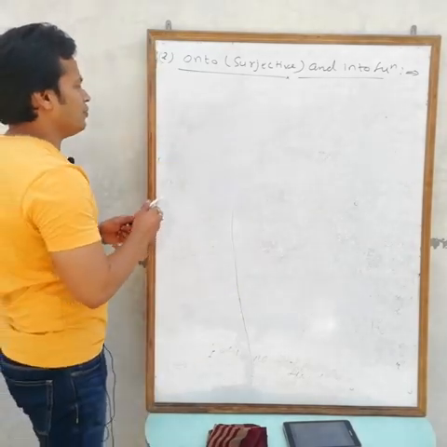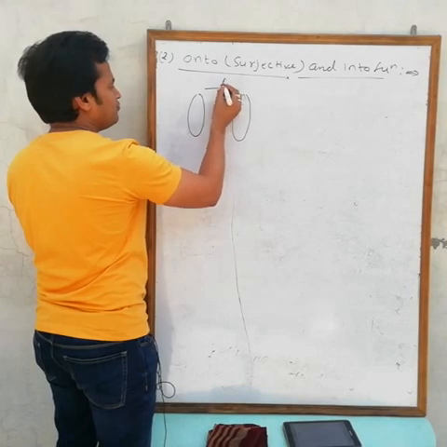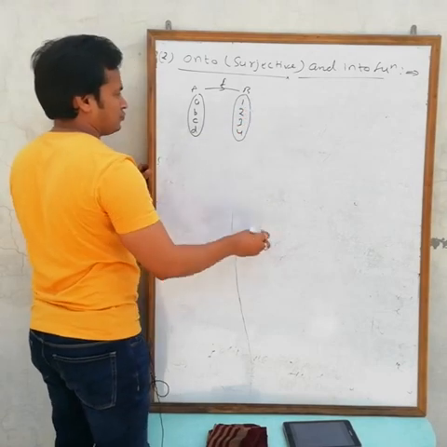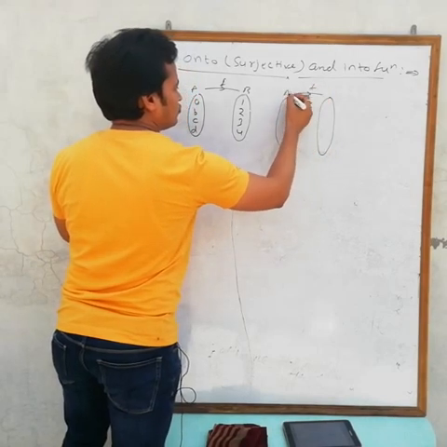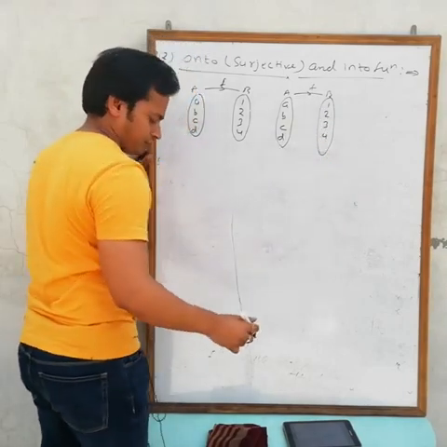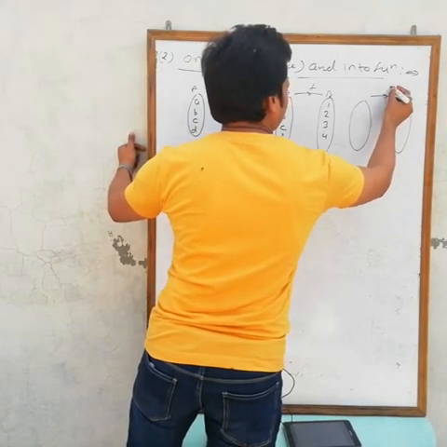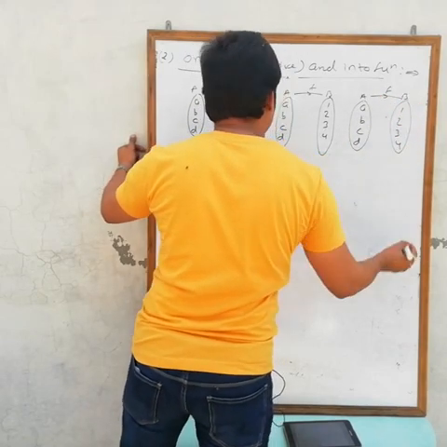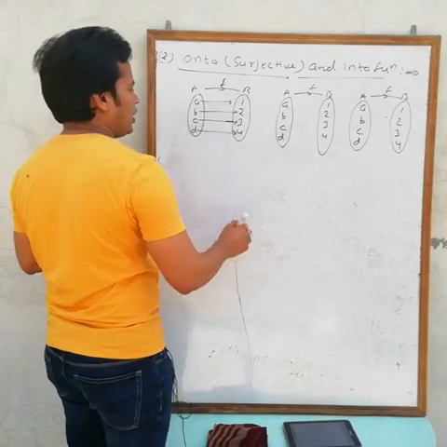Okay, for example, pictorially, if I take a function from A to B, now suppose a is connected to 1, b is connected to 2, c is connected to 3 and d is connected to 4.